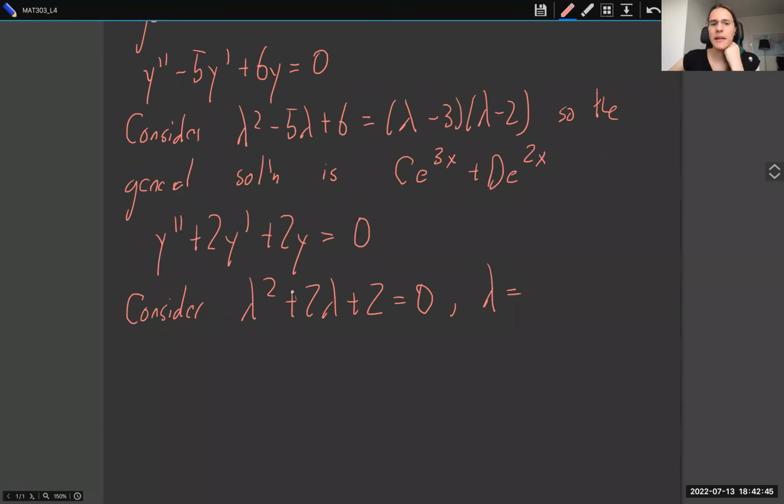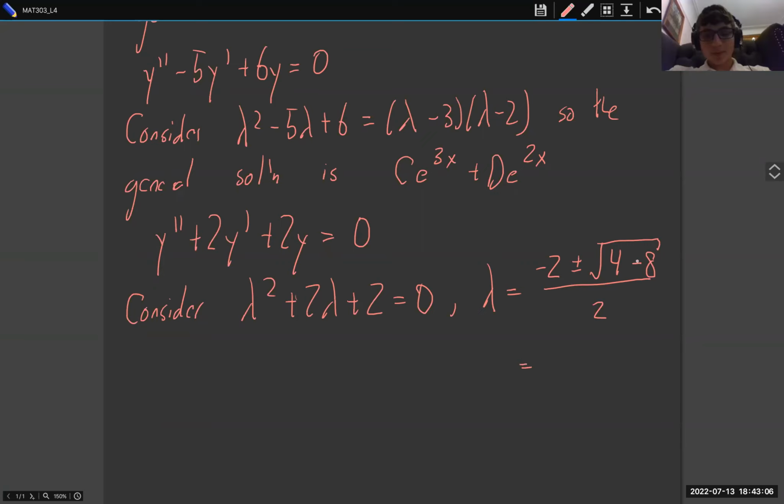Well, so it would be -2, right? Just writing it out. Plus or minus what? The square root of what? Oh, 4 minus 8. Yes. So -4. And then divided by 2. And so that's 2i, and then there's 2's everywhere.